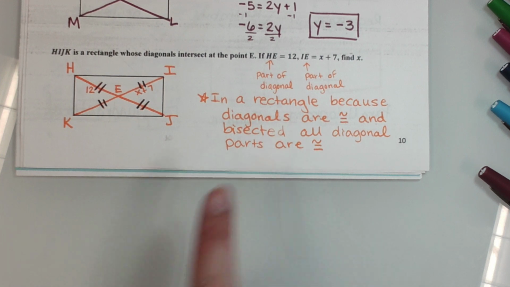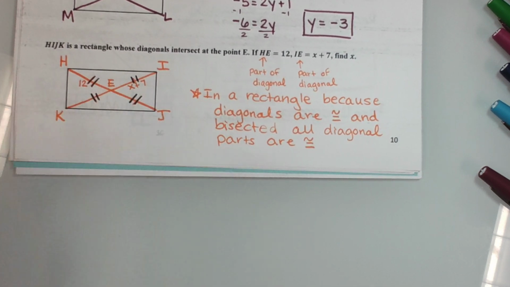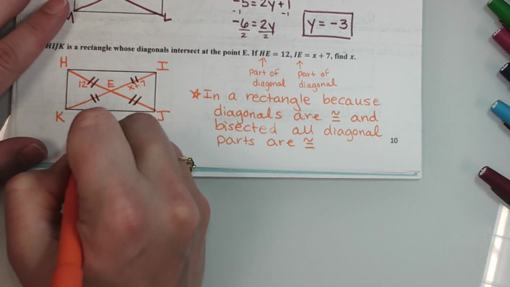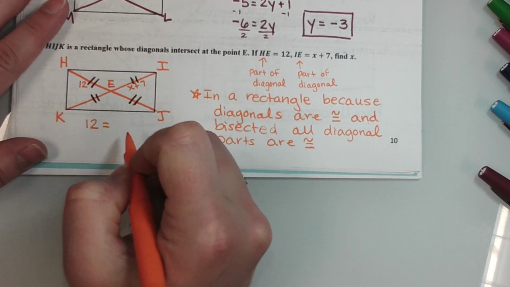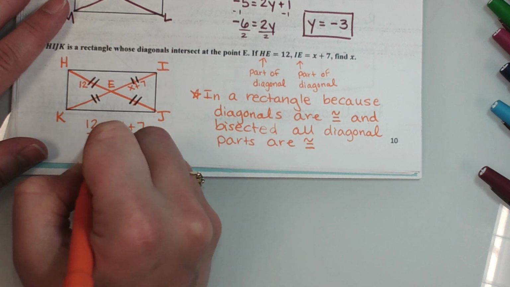This is just putting two theorems together. So all four of those parts are congruent, which means if I want to solve for x, what does congruent mean? Equal. So if these things are congruent, I can write the equation 12 equals x plus 7 and solve from there.